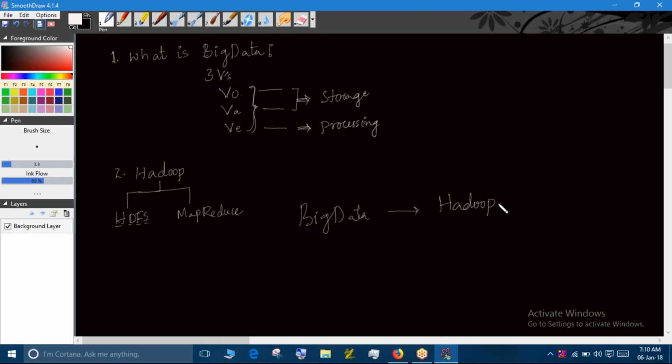And people interchange these two most often, and they use it as part of their conversation. But we need to have clarity on how the term big data can be used. That's the reason why I am talking about these two terms very specifically.